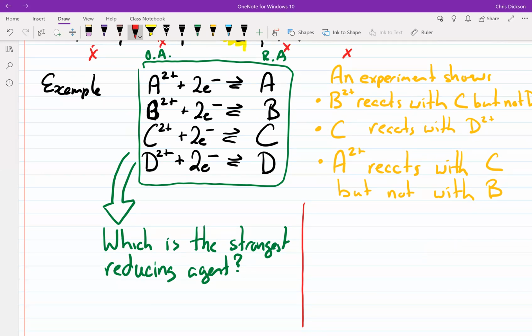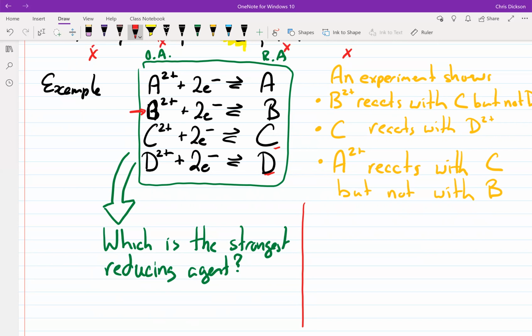So it says B2+ reacts with C, which would actually be true because C is lower down. But it says it does not react with D. So the way the table is written right now, it's partially true, but it's also wrong.